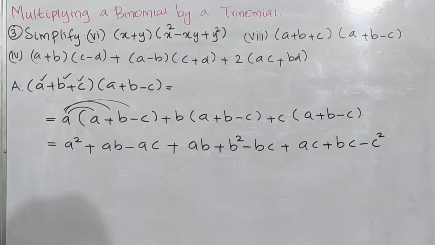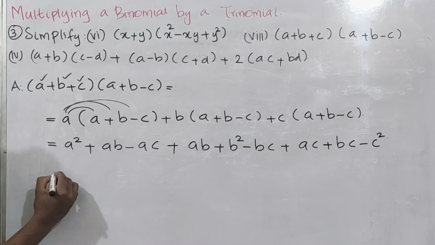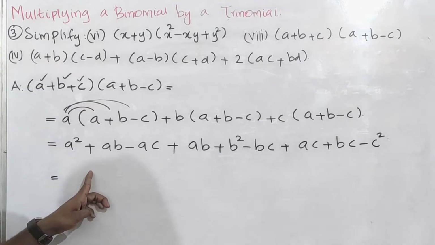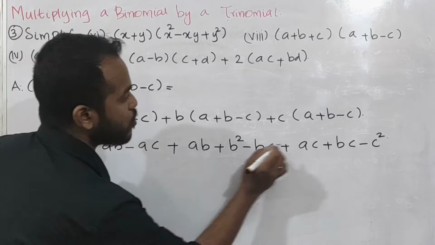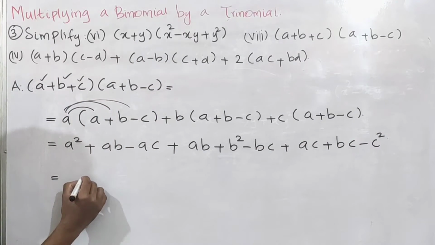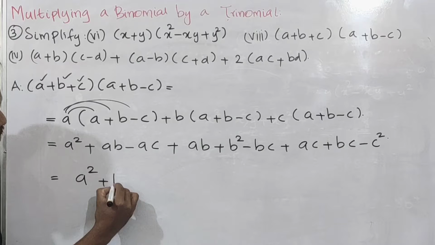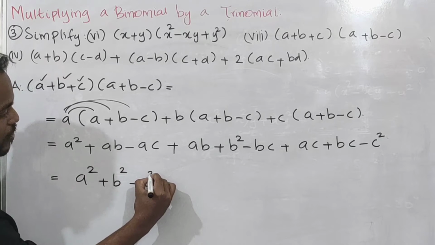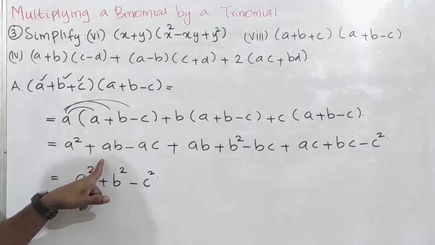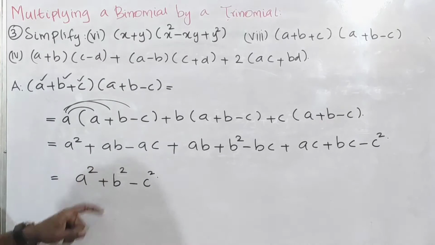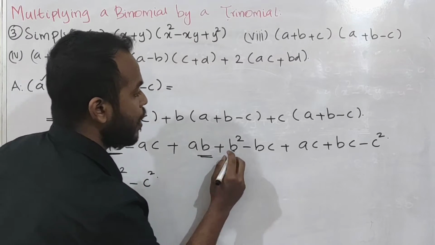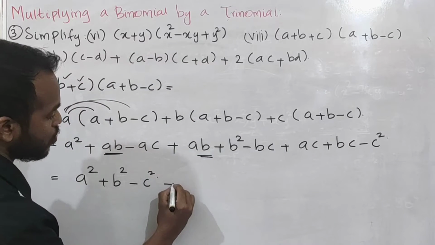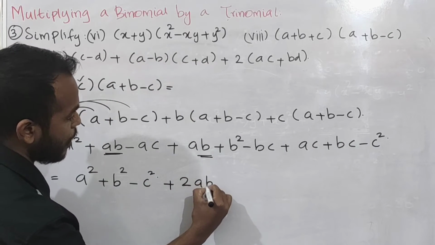Now check whether there are any like terms. Before that, write the terms with highest power. We have a square, we have b square, we have minus c square. So first write three of them: a square plus b square minus c square. Now check whether we have any like terms. We have an ab, then another ab, nobody else, so we will write 2ab.